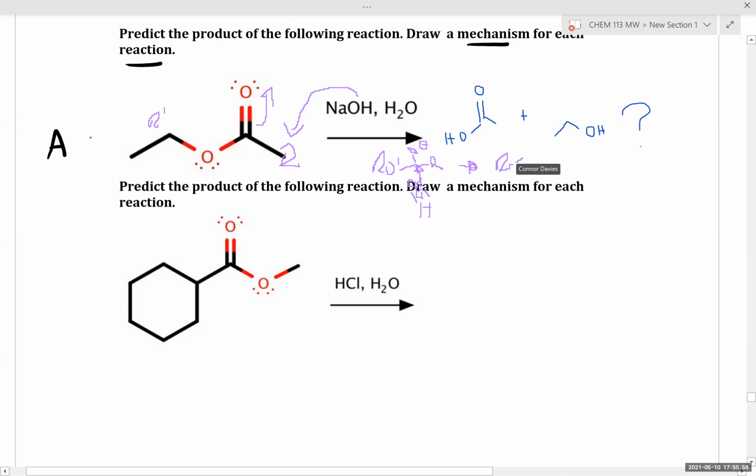And when it collapses, do we lose our leaving group? So we have a lone pair kicking down. We regenerate our carbonyl. That all looks good. And then can we draw the loss of our leaving group along with that step?